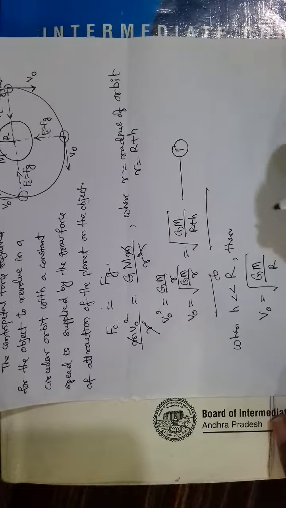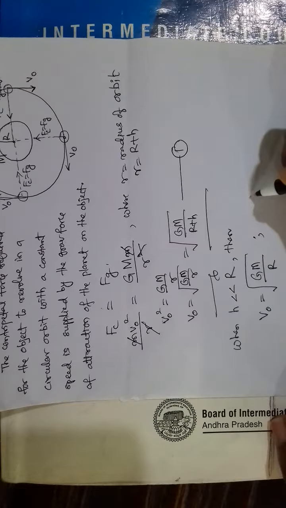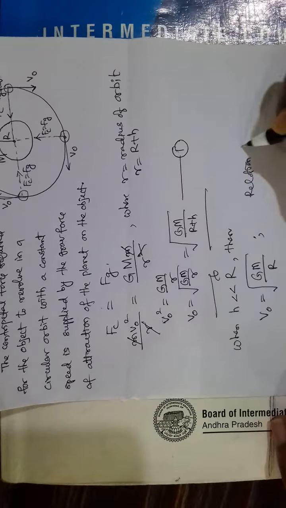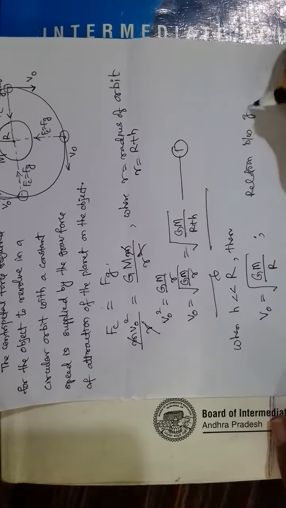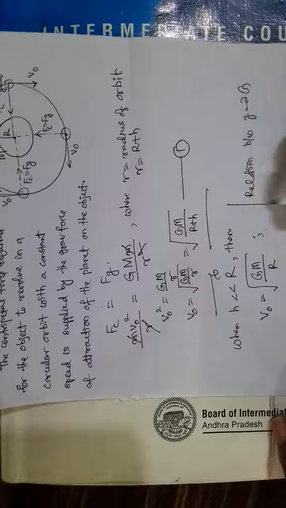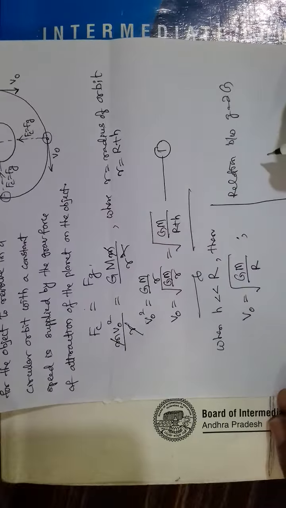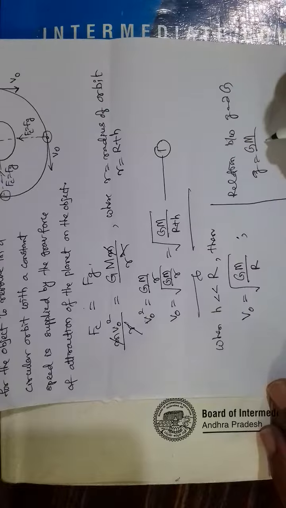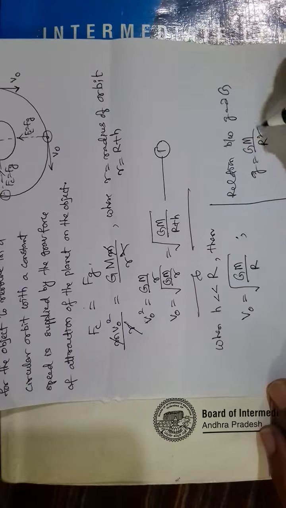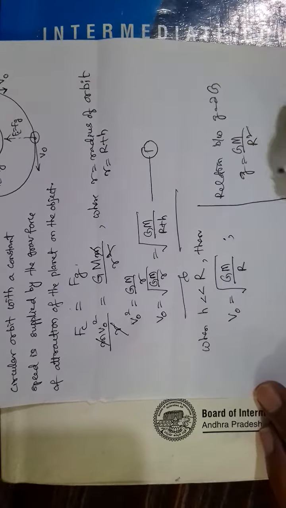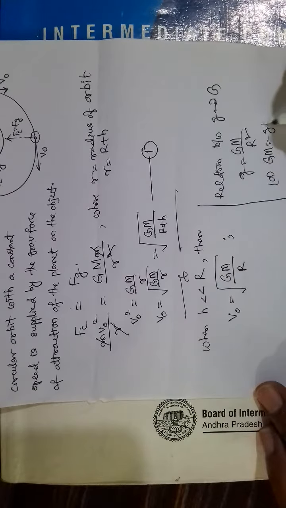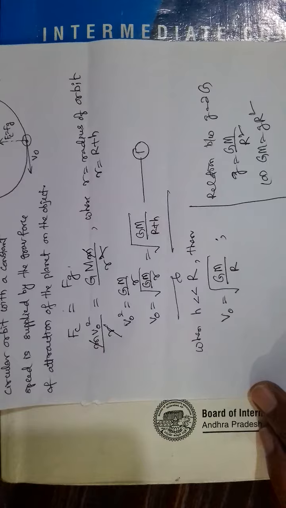But there is a relation between small g and capital G that you know very well. What is the relation? g is equal to capital G capital M by R square, or GM is equal to gR square.